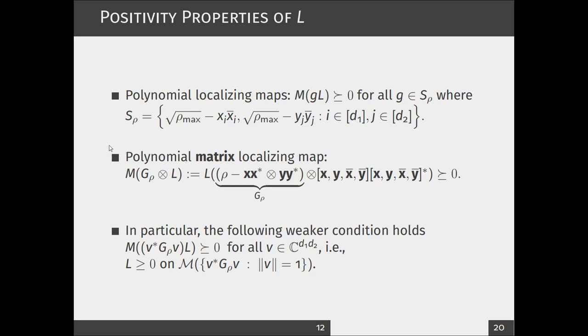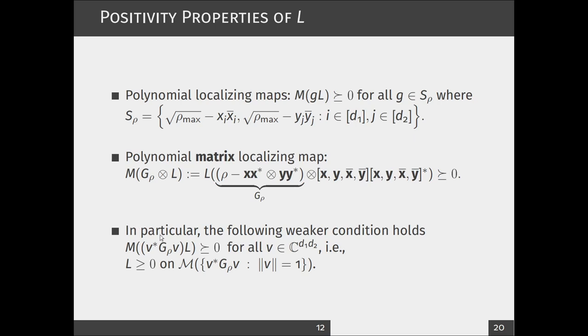So one of the contributions of our paper is this polynomial matrix localizing map to this model, which we define here. We just interchange the G with a large polynomial matrix G rho, defined as there. And we now take a tensor product, because a scalar product wouldn't work. And this will form a constraint later in our hierarchy. But it's important to note here that this constraint is stronger than what we need for the convergence results to hold.